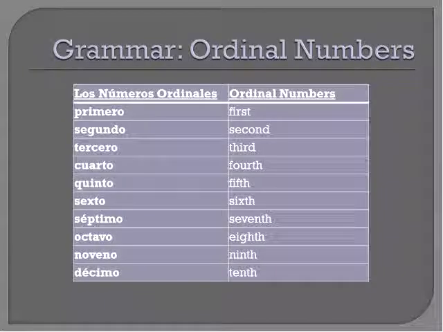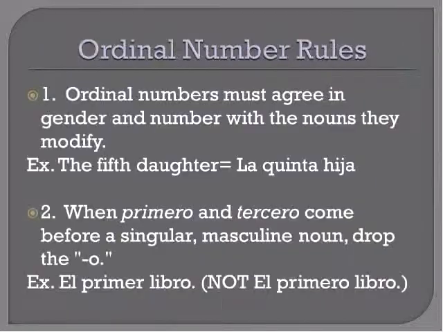So even though it says right here, fifth is quinto, okay, the fifth daughter, since we're talking about female, okay, right here, we're going to use la, then quinta, instead of quinto. And then hija is daughter, okay?